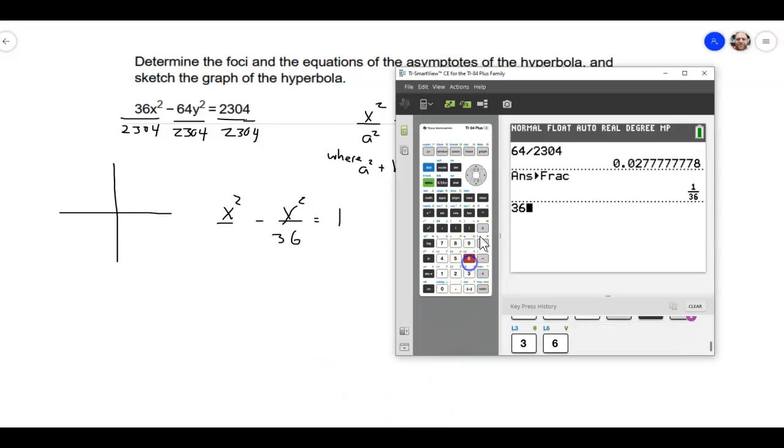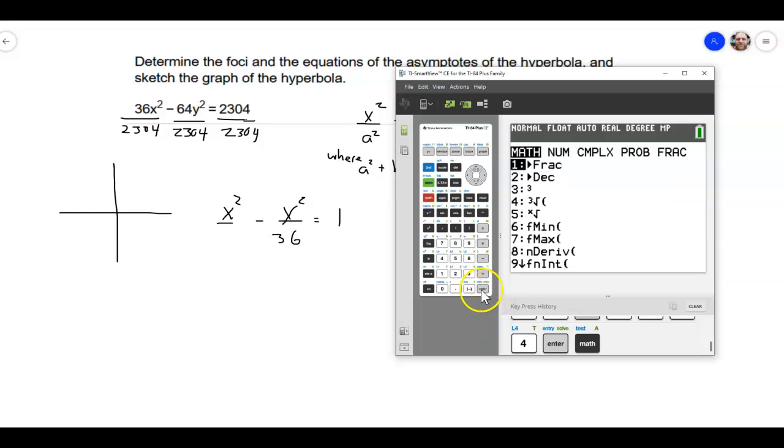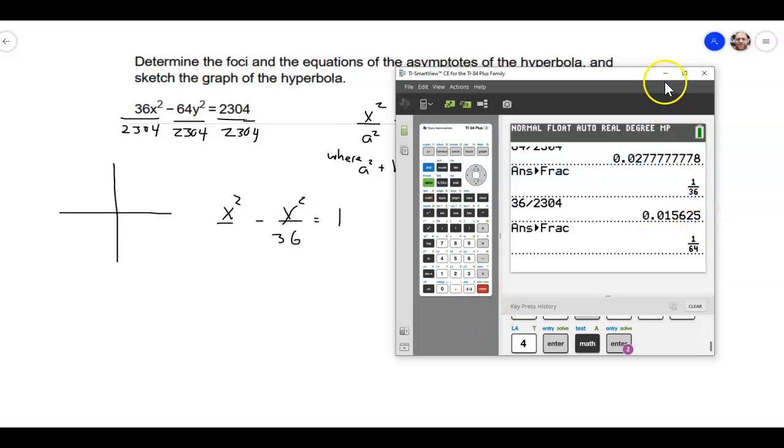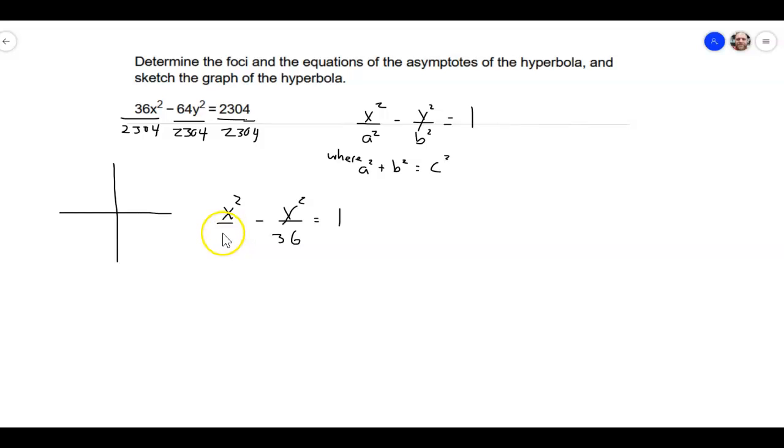So 36 divided by 2304, and convert that to a fraction. And that is 1 over 64. So this will be 64 here.